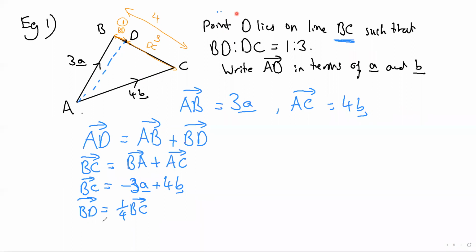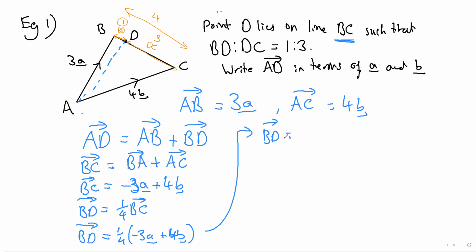That's why we can figure this out. And since we know what BC is, we can substitute it into the equation. If we go up here, we can expand the brackets. So we have minus 3/4 A plus B, like so.